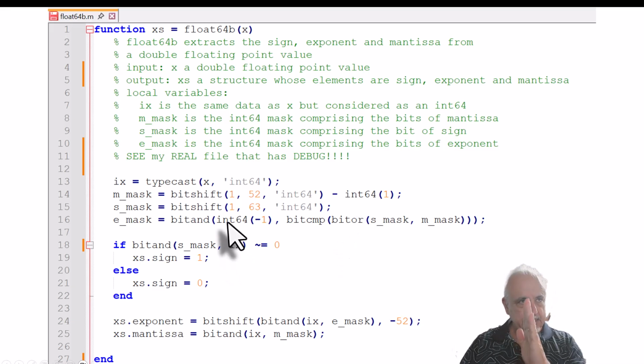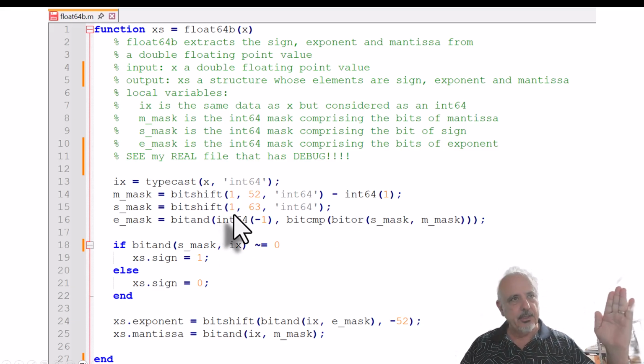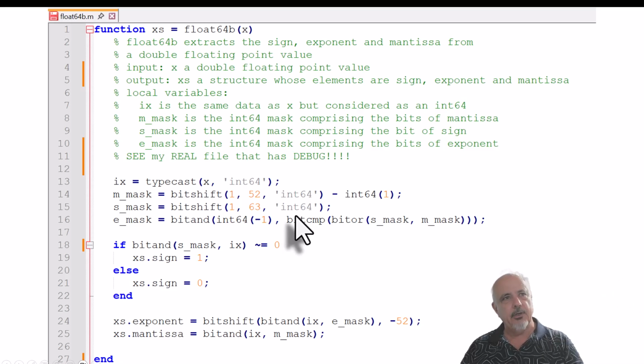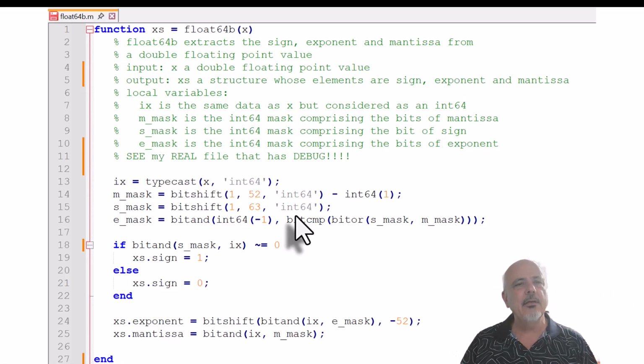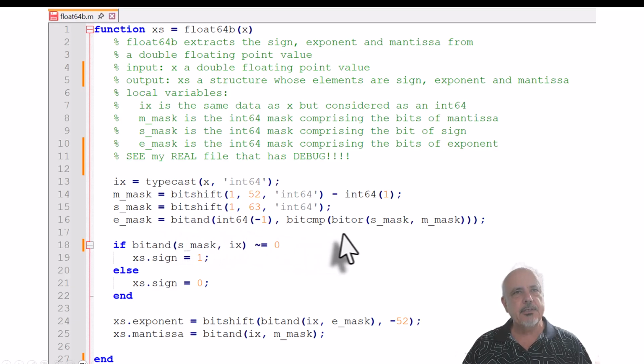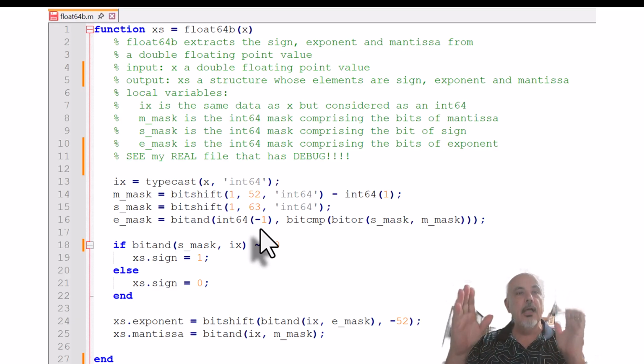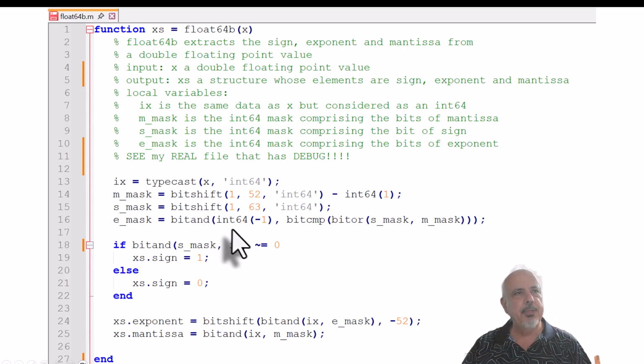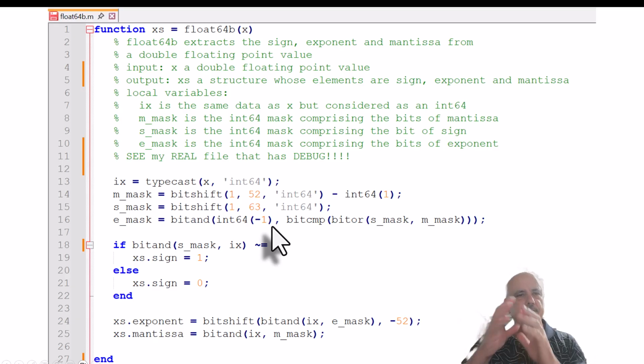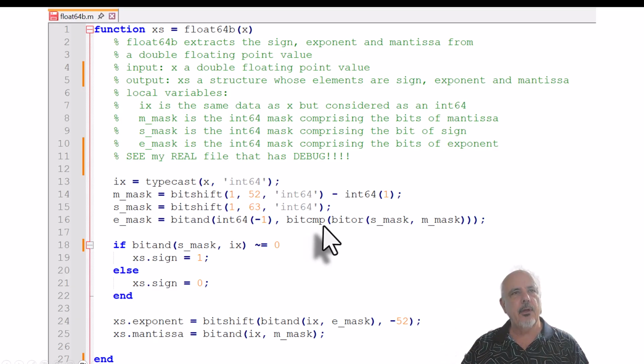The sign is taking that 1 and shifting it over 63, and that's going to just pull off that very high bit of the 64-bit double float. And then the exponent mask is a little bit tricky. How I did it is I basically took a 64-bit representation of minus 1, which would be all F's, and then I did a bitwise mask of that with a bitwise complement of the OR of the previous 2 masks.